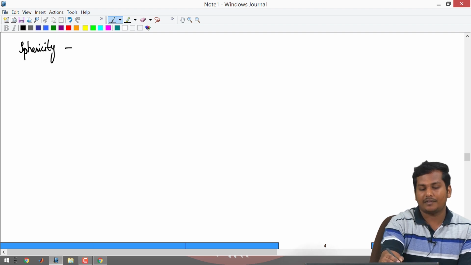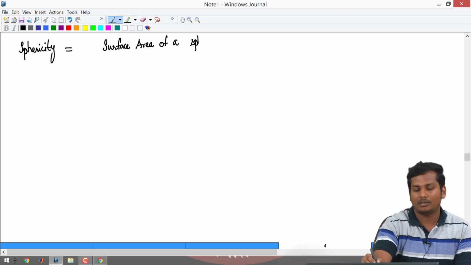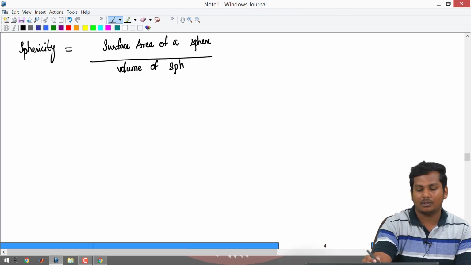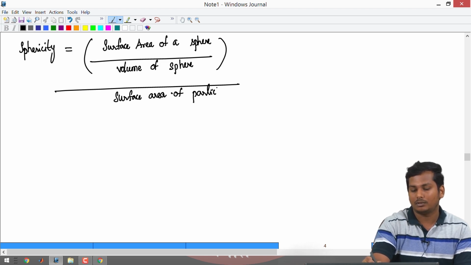So, sphericity is defined as surface area of a sphere to volume of sphere divided by surface area of particle by volume of particle.